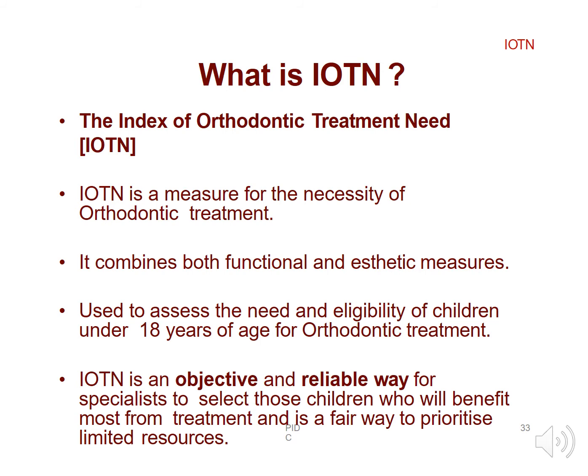IOTN is an objective and reliable way for specialists to select those children who will benefit most from treatment, and is a fair way to prioritize limited resources. So it's very widely used in government clinics in Malaysia and all over the world.